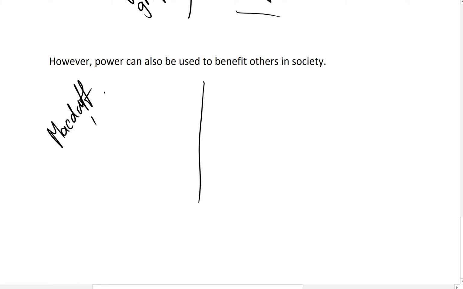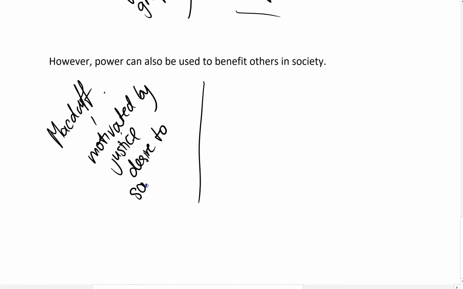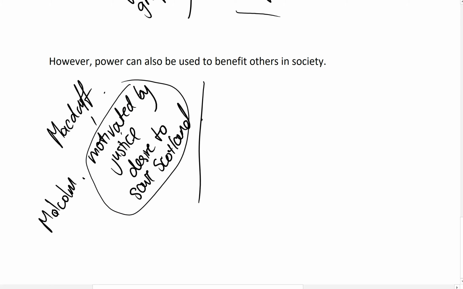His grasp for power is motivated by justice and a desire to save Scotland. I could also use Malcolm as an example there, and I need to find a quote, of course, or a series of quotes to support the good motivations there.